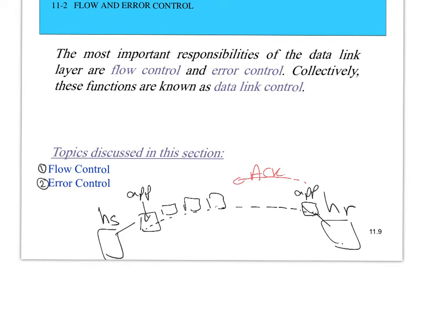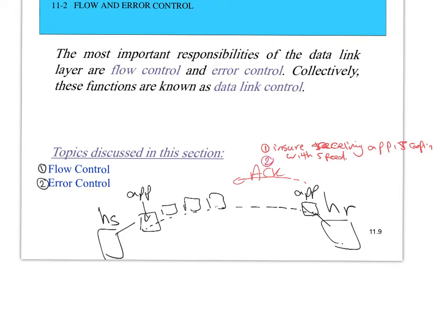This acknowledgement has two purposes. The first one is that on one hand it ensures the receiving app is coping with speed. In other words, since the receiver is sending a positive acknowledgement, this means that the receiver is able to receive the segments that we are sending it.